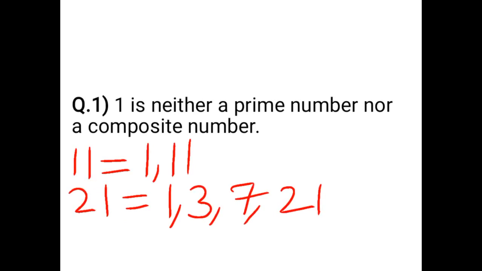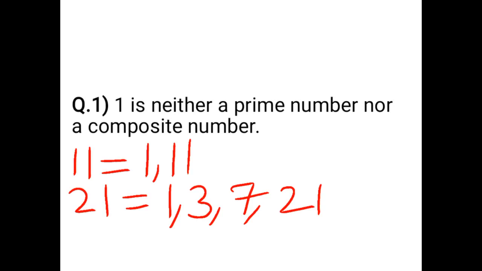Okay. Number 11 is a prime number. Prime numbers are only divisible by 1. They are not divisible by any other number except 1. Prime numbers are going in only one table. Number 21 is a composite number. What is a composite number? Composite numbers are divisible by more than 1.